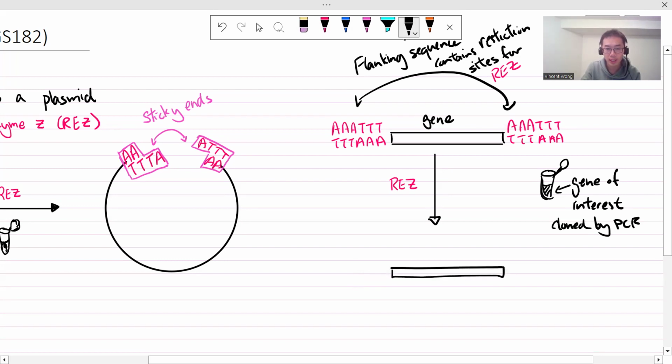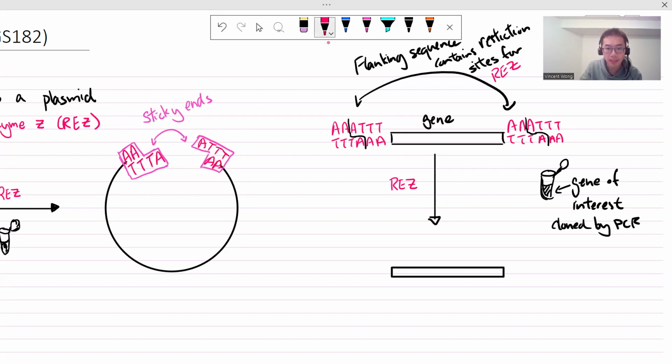So this is the gene again. But now, if you add the restriction enzyme Z, it's gonna cut it, just like over there. So there's gonna be a cut right here, and then we're gonna have a cut again.